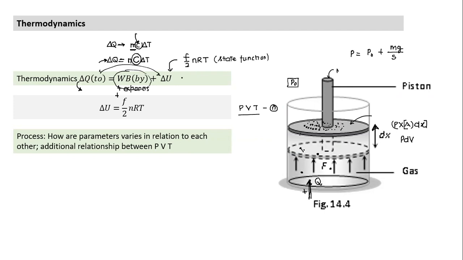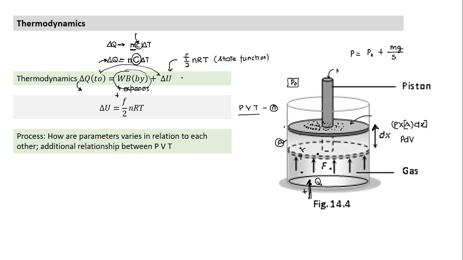Volume will change, but pressure will not change. Volume will change and temperature will change as you supply heat. So how do I follow a constant pressure process? If I do not change the weight I have placed on the piston during the change of other parameters, it becomes a constant pressure process. So I'm getting some sense of what a constant pressure process is.